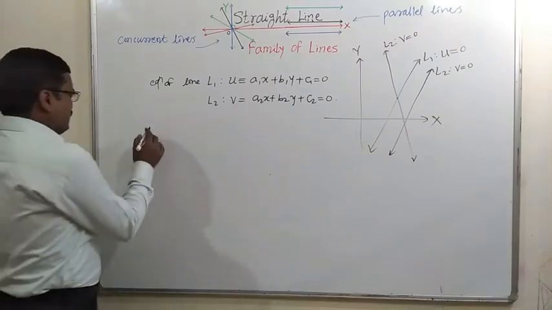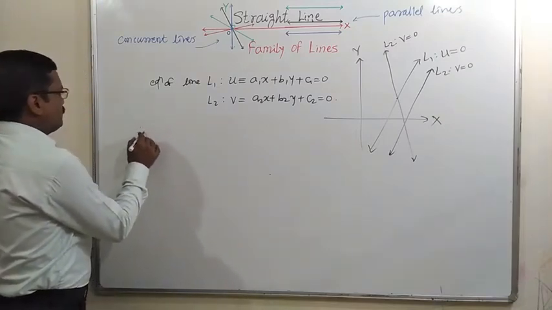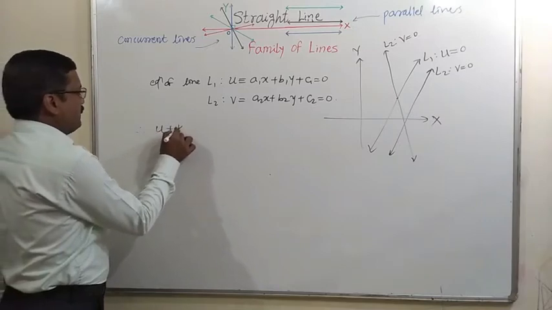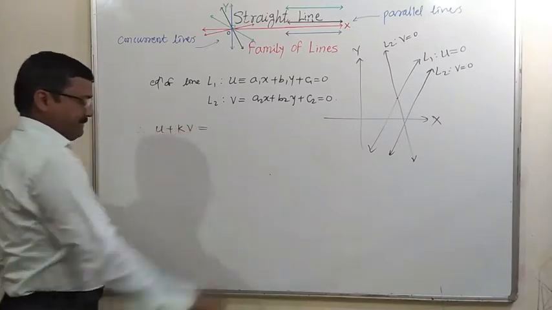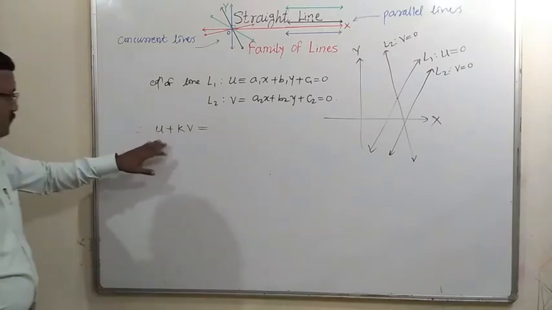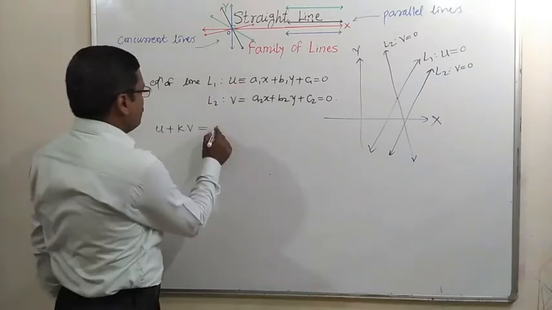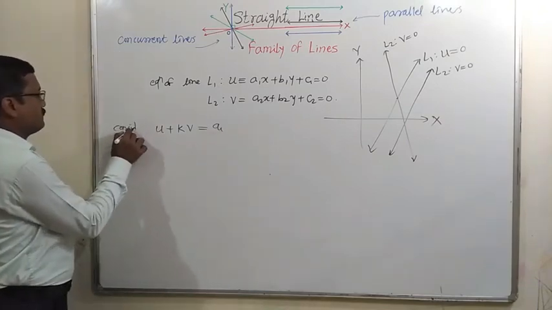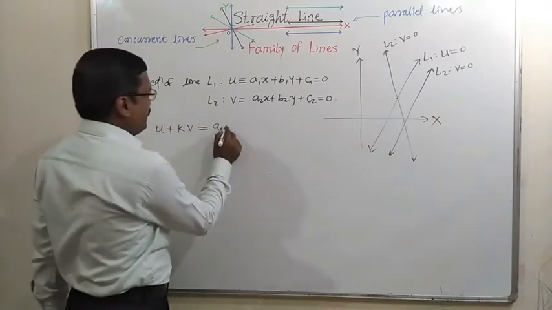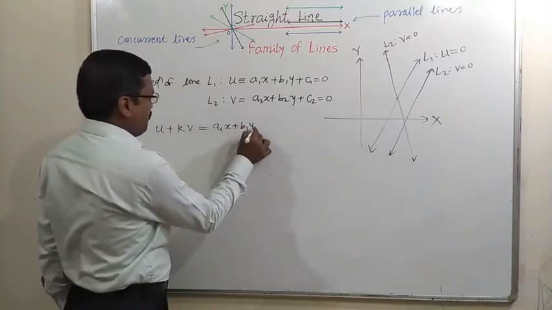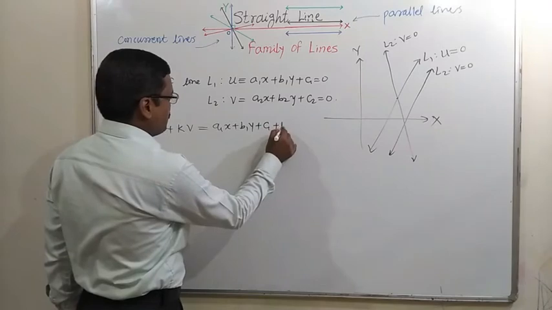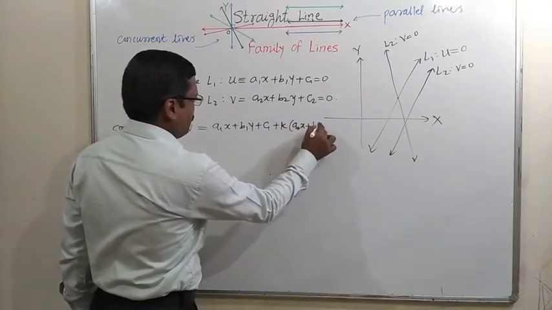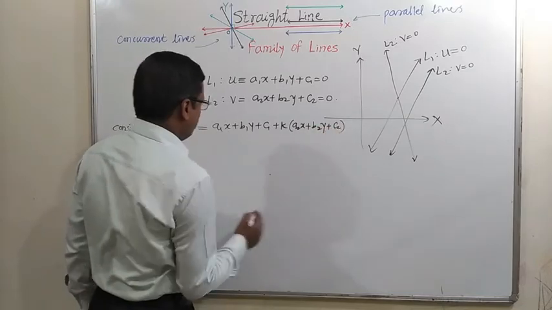Let us try to write here this equation, u plus kv. If you find u plus kv, then what is u? u is A1x plus B1y plus C1, as we considered earlier, plus k into A2x plus B2y plus C2.